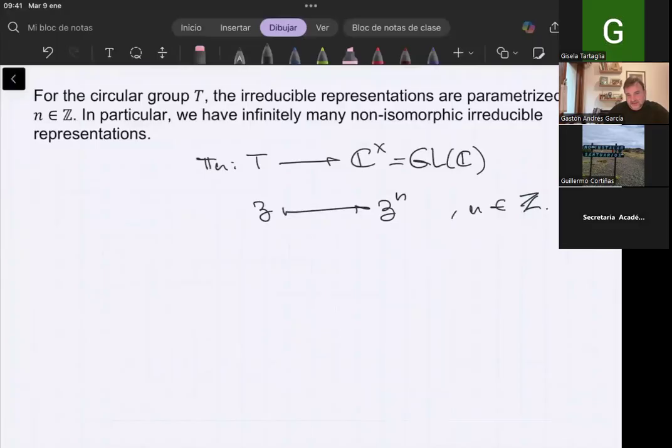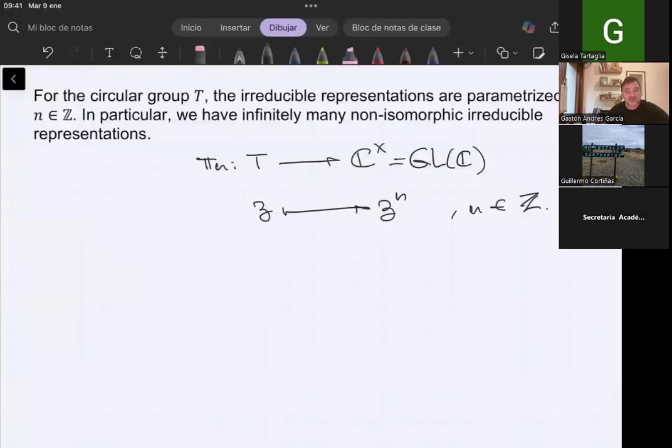The easy thing to prove is that this map gives us a representation, a one-dimensional representation, and since it is one-dimensional, it is irreducible. And if we pick different n, then we get different one-dimensional representations.